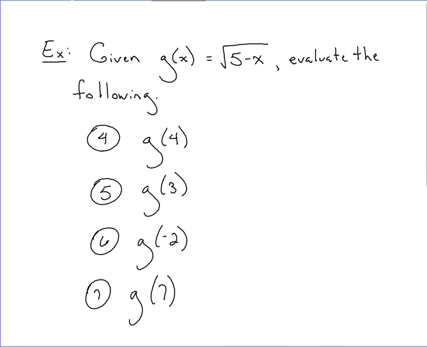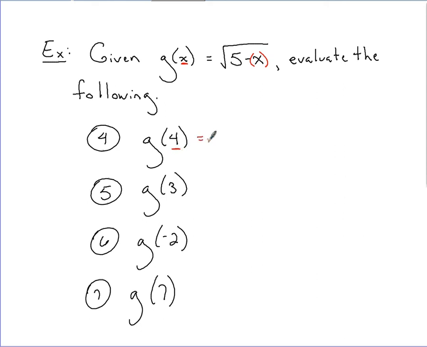Whatever we see inside the parentheses here, after our g notation on this one, that represents the x value. That's the value that we want to take. We want to plug in over here for any x's that we see. So in this first one, g of 4. I'm taking 4. I'm plugging in for x.